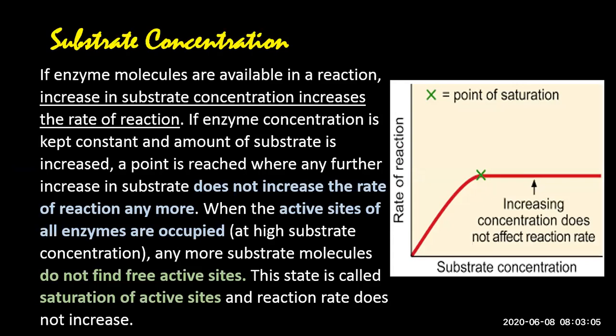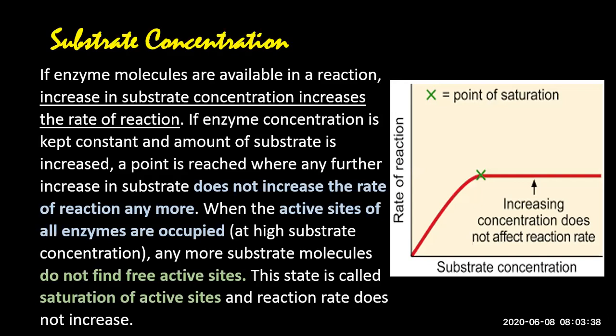Let's talk about substrate concentration. The next factor which affects the performance is substrate. Substrate also affects the rate of reaction. If you add substrate into enzyme catalyzation, the reaction will proceed at a faster rate. Let me just summarize. If enzyme molecules are available in a reaction, increase in substrate concentration increases the rate of reaction.